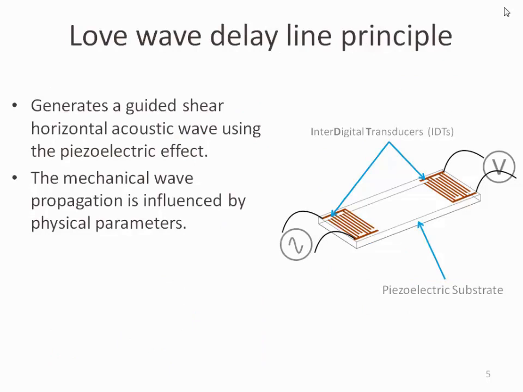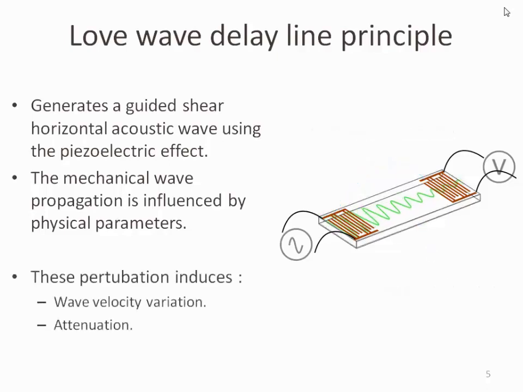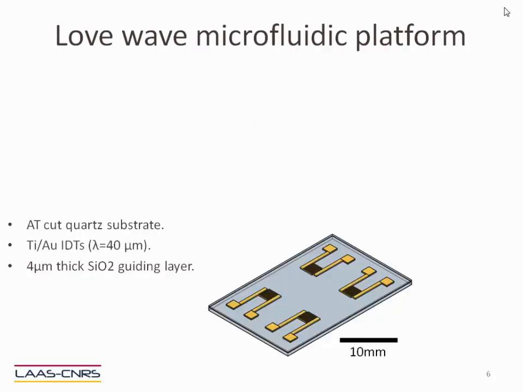The principle is to generate, using a piezoelectric substrate, an acoustic wave using interdigital transducers. It will propagate from one IDT to the other. And depending on what's happening on the surface, you will modify the propagation of the wave in terms of velocity and attenuation.